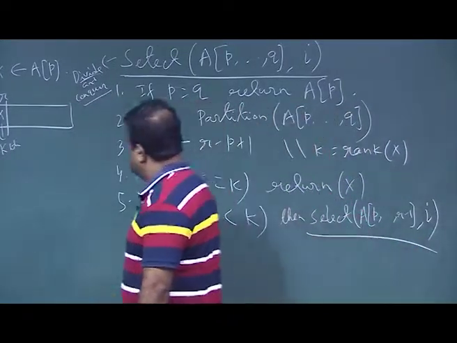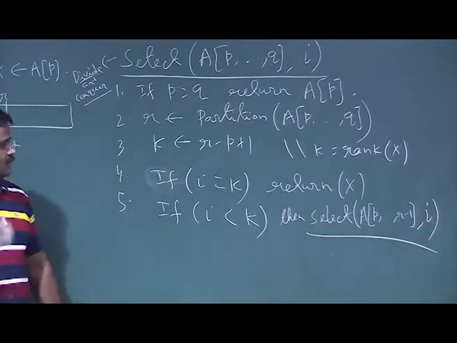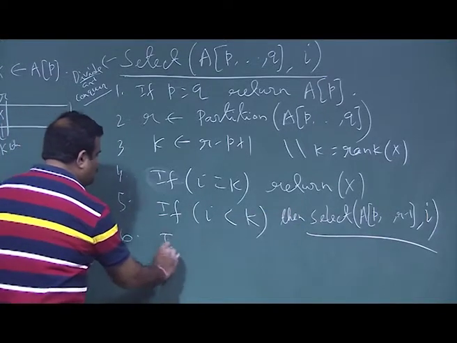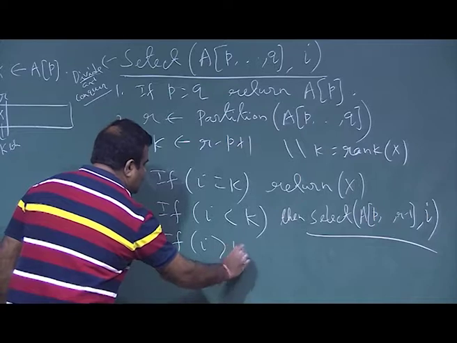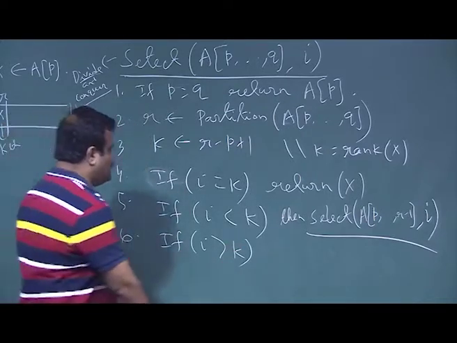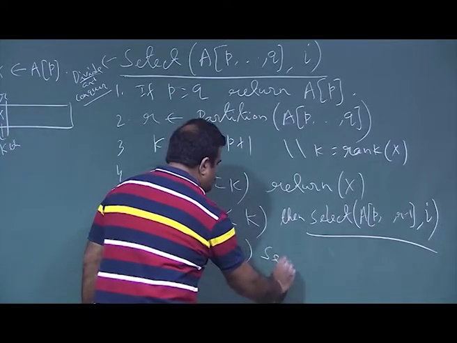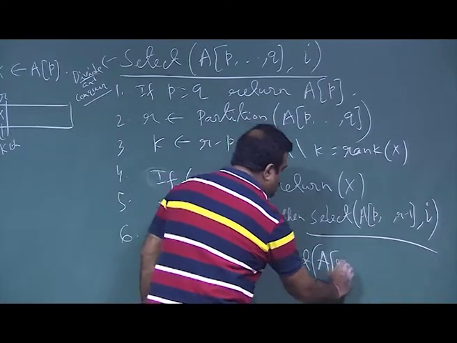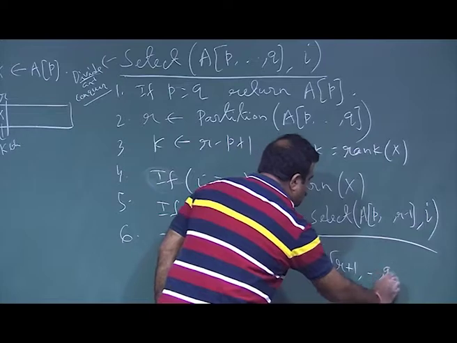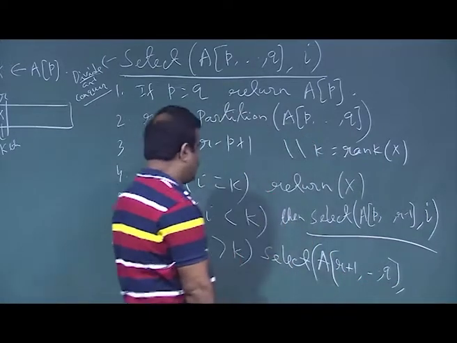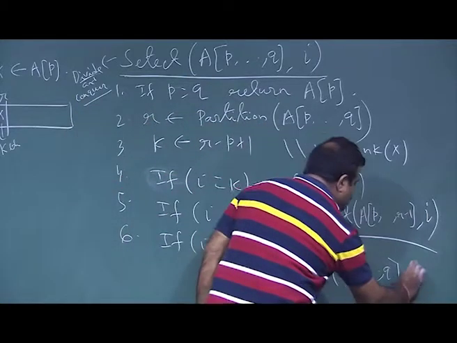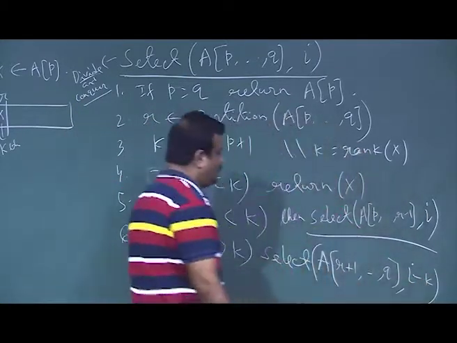Else if i is greater than k, then we have to call select on the right sub array, r plus 1 to Q, with a new i, and that new i will be i minus k, because we have already seen the kth smallest.